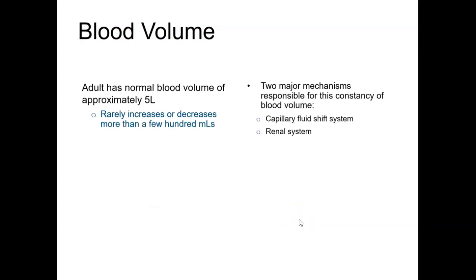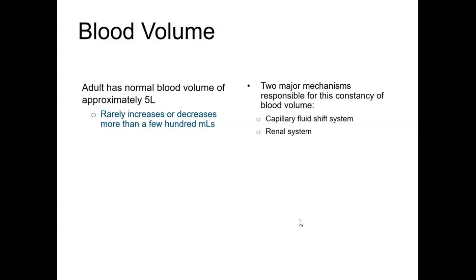So adults have a normal blood volume of approximately 5 liters. This very rarely increases or decreases by more than a few hundred milliliters. We do a very efficient job of keeping our blood volume consistent. We are able to shift our blood volume by having fluid shift out of the capillaries.